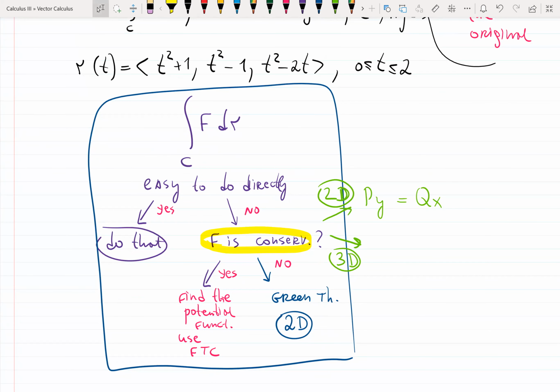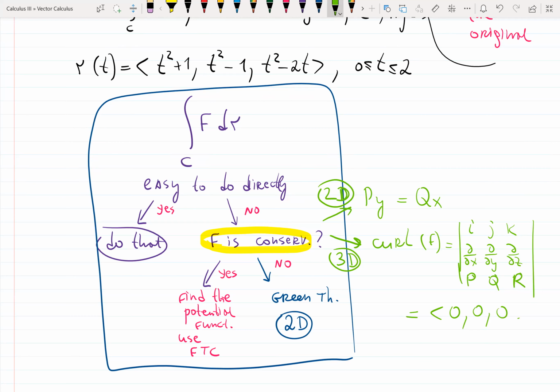So in more dimensions, we take the curl of F. You build this determinant with i, j, k, derivative with respect to x, derivative with respect to y, derivative with respect to z, and then P, Q, and what was the last variable? R, I think so. Yeah, I forgot.